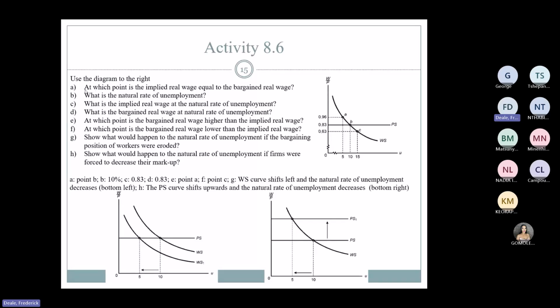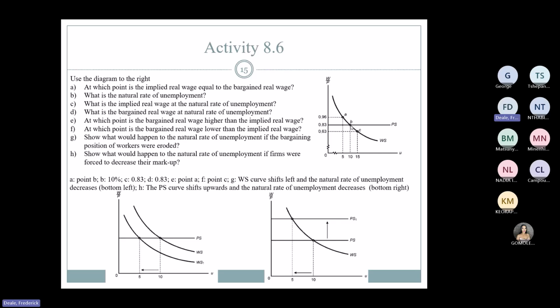The first question: at which point is the implied real wage equal to the bargained real wage? The implied real wage by price setting is this line. The bargained real wage is on wage setting. So at which point are they equal to one another? That's the intercept, right? At no other point are they equal to one another. That's the only point where you've got the 0.83 in the example here.